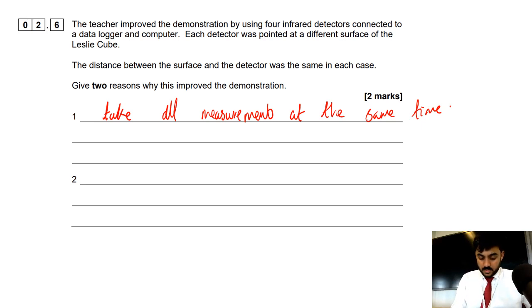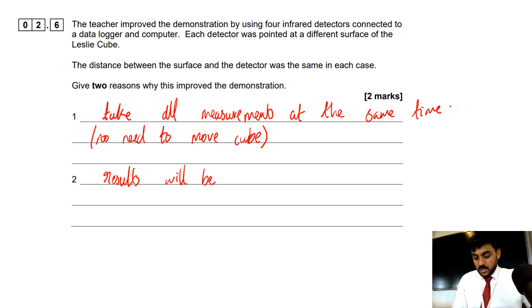Therefore, no need to move the cube. And results will be more accurate. Next question.